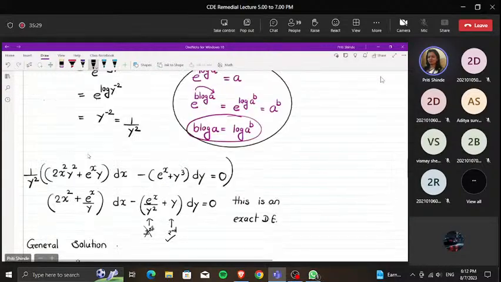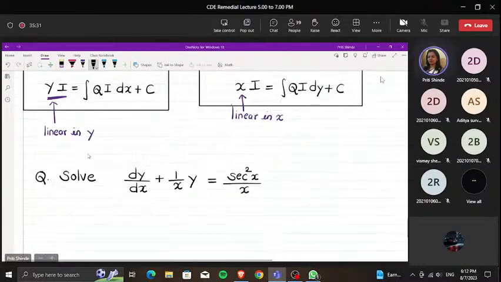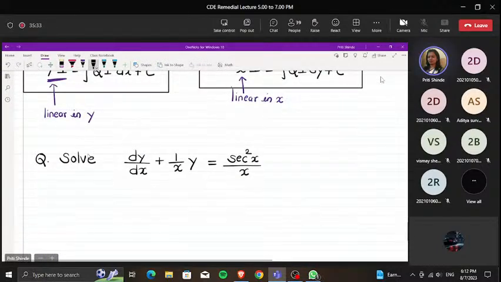Now see this example: dy by dx plus 1 upon x y. So the first term is dy by dx, the second term is 1 upon x y, and there is one more term, sec square x upon x. So this differential equation contains three terms. You could write it in the form m dx plus n dy is equal to 0 and solve by using exact, but it is easier here to solve by using linear.